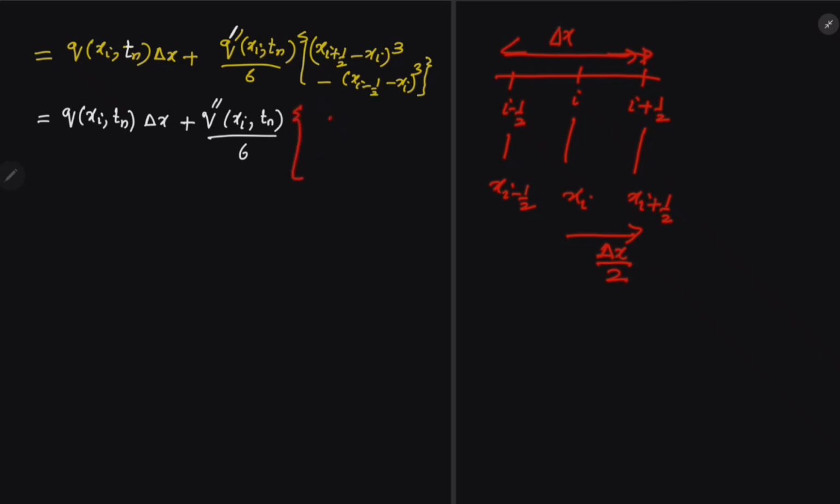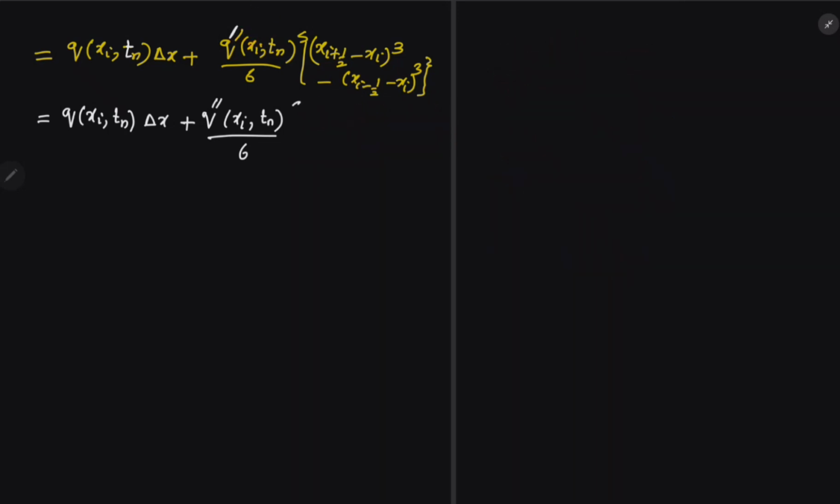So we can write this as (delta x by 2) whole square minus, and remember that if this is delta x by 2, that will be equal to minus delta x by 2. So we have plus (delta x by 2) whole cube. So we can write this as (delta x by 2) whole cube plus (delta x by 2) whole cube. And we solve it.